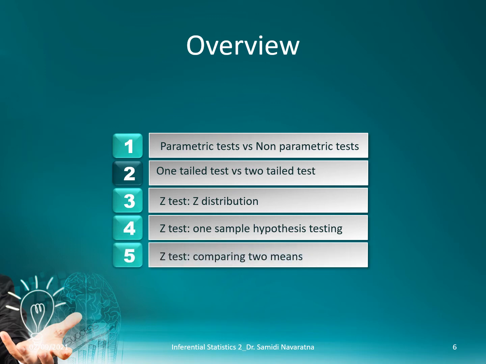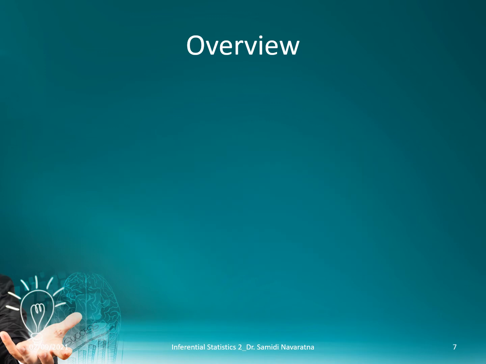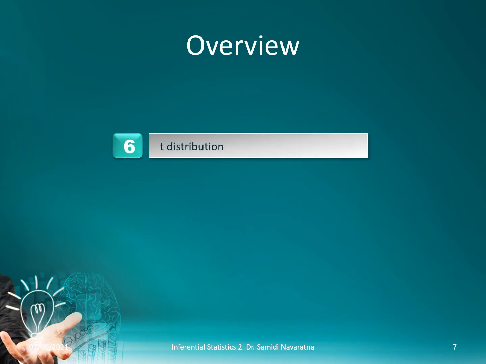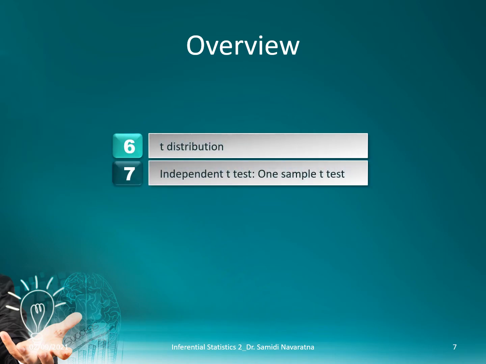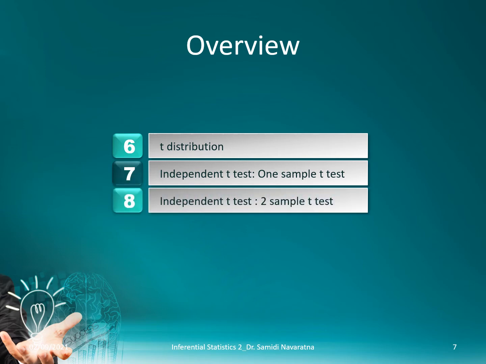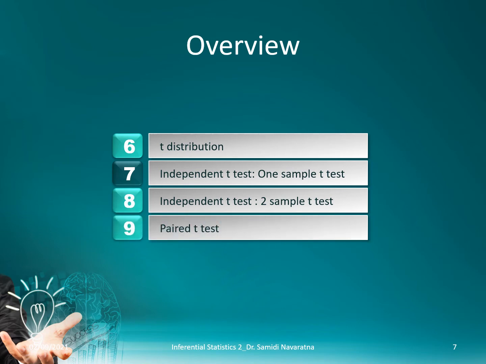Then comparing two means using the Z test. The T distribution, one sample T test, then two sample independent T test, then the paired T test.